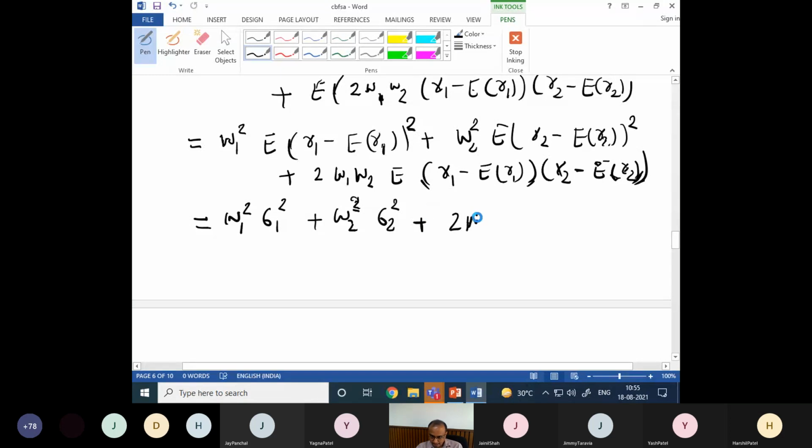Then twice W1 W2. What is this expectation of (R1 minus ER1) into (R2 minus ER2)? It is covariance of security 1 with security 2. So it is sigma 1 2. So see, the portfolio risk sigma P square is equal to W1 square sigma 1 square plus W2 square sigma 2 square plus twice W1 W2 sigma 1 2.